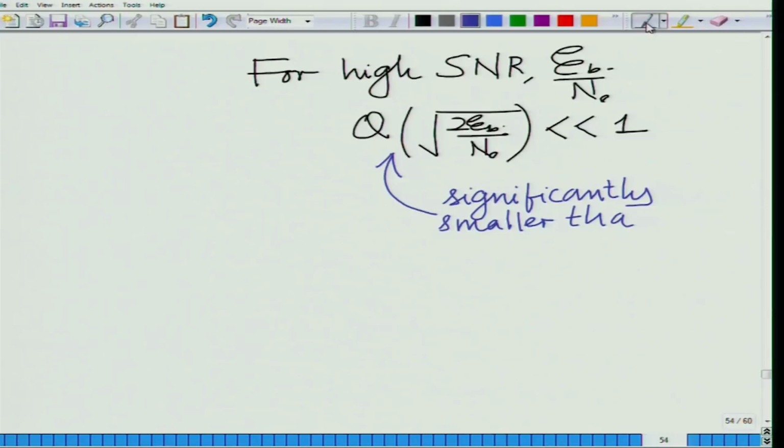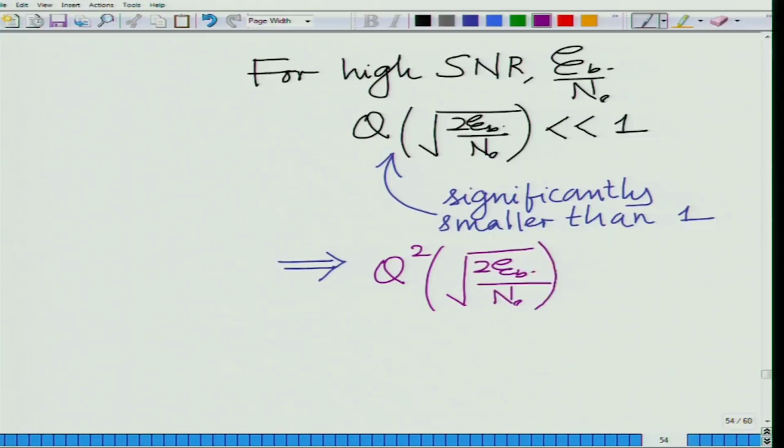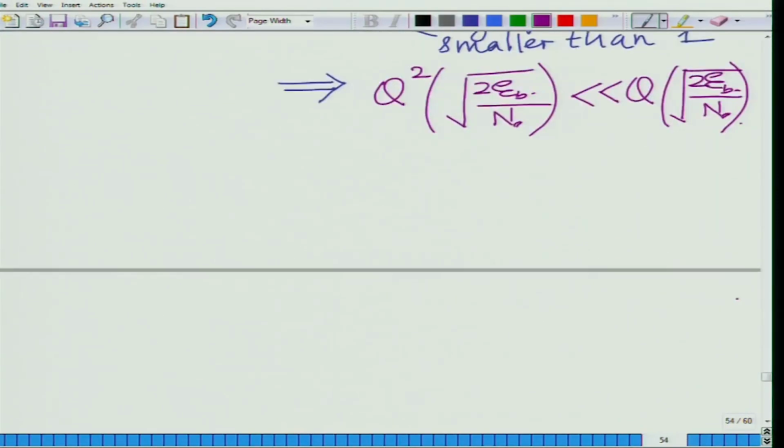This implies that Q square of square root of 2 E_b over N_0 is significantly smaller than Q of square root of 2 E_b over N_0, because this quantity is less than 1, which means the overall probability of error can be approximated by ignoring the square term.